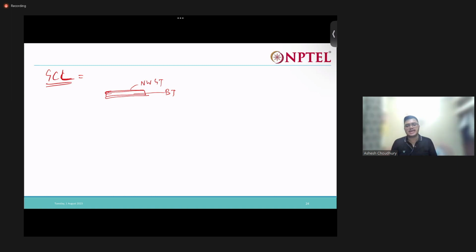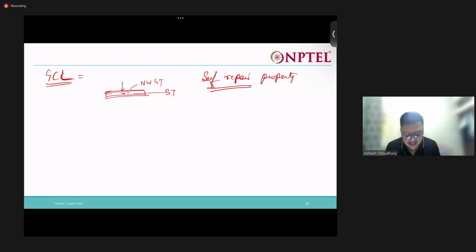The main purpose of this GCL is that, same as geomembrane, it also acts as a barrier. As this clay is highly impervious, it does not allow anything to pass through it. And this bentonite has a self-repair property.